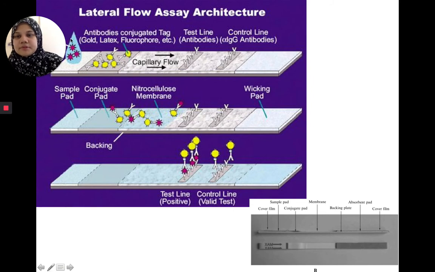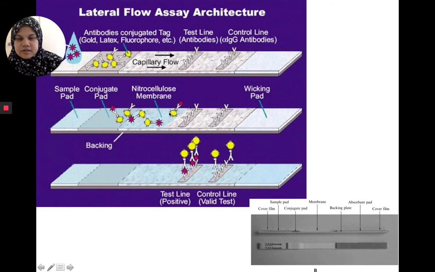So you add the sample on the sample pad here, and then it will rehydrate the membrane, and it will pick up all the antibodies conjugated with gold or fluorophore or whatever. And then if it can bind to the test line, which is also a line of antibodies, then it will form a line there. But if not, it will just bind to the control line, which will capture any excess antibodies. So here it's showing a positive result, because you've got the sample containing all these analytes that you want to detect.